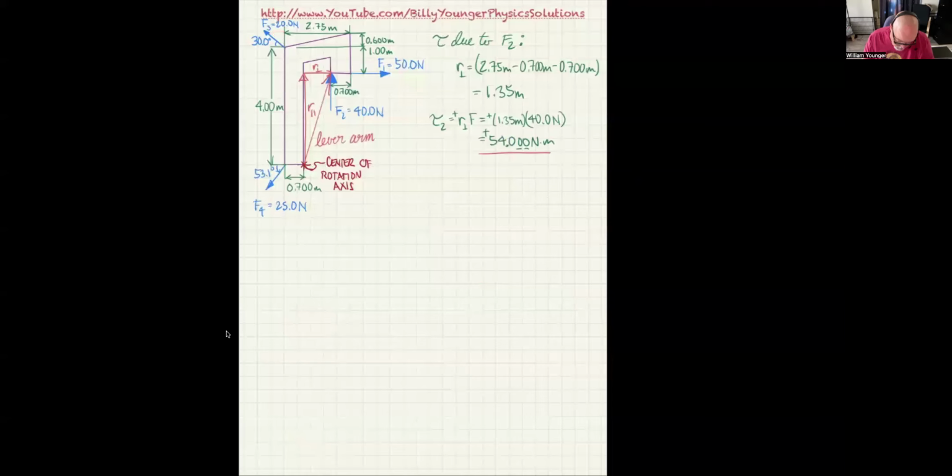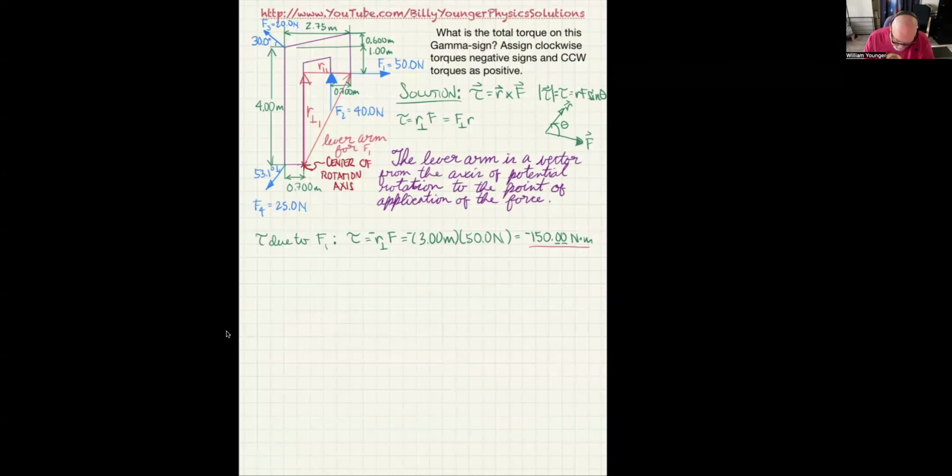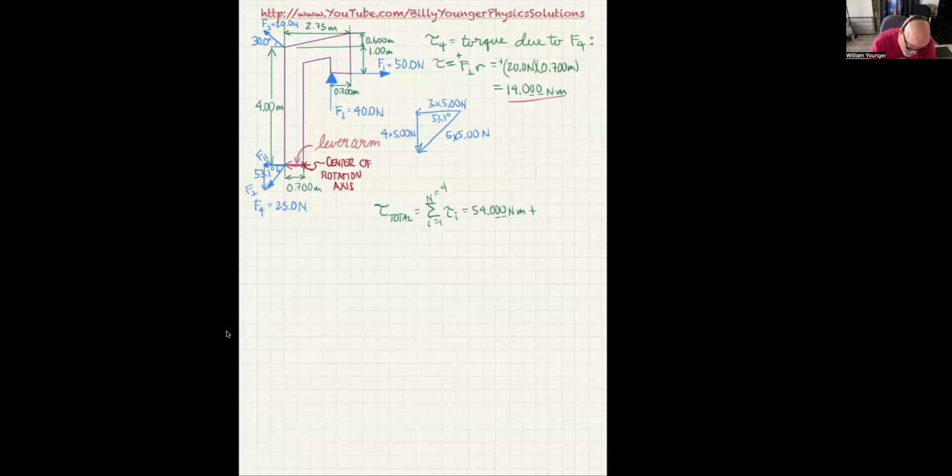The second torque, we got 50... oops, 54. Oh, we missed the first one. The first one's negative 150.00 Newton meters. That's the torque due to 1, plus 54.000 Newton meters. That's the torque due to 2.